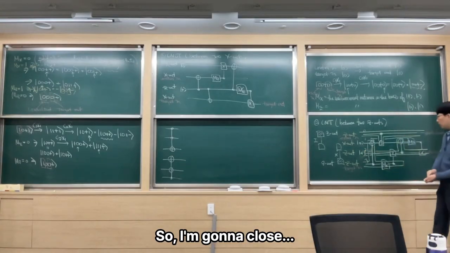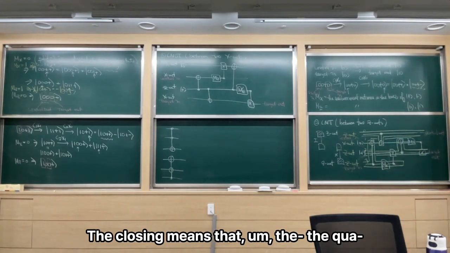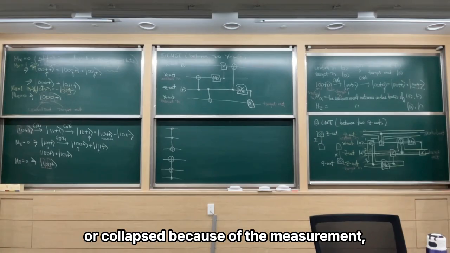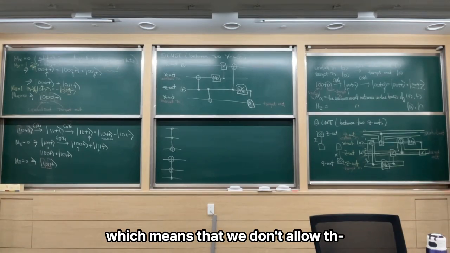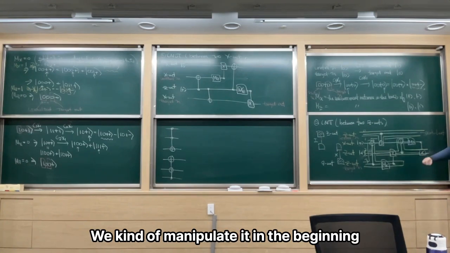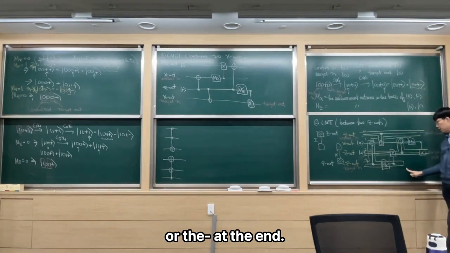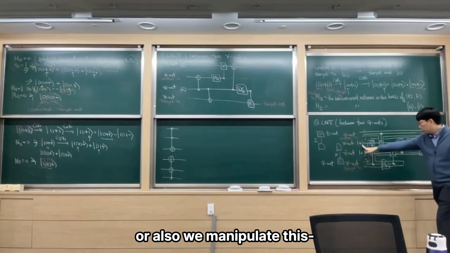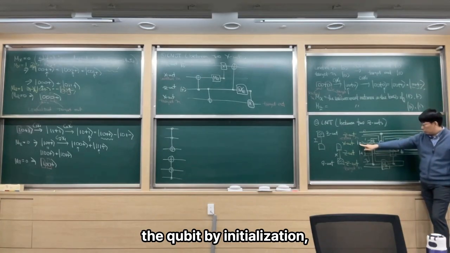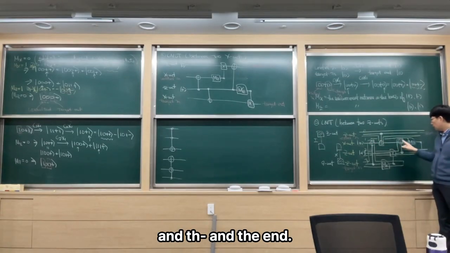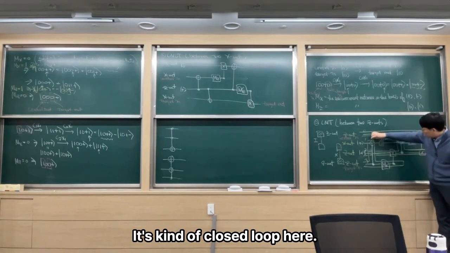The closing means that the qubit is either initialized or collapsed because of the measurement, which means that we don't allow the general quantum state. We manipulate it in the beginning or at the end. So here we manipulate it at the end, or we also manipulate the qubit by initialization. So it's closed from the beginning and the end, a closed loop here.